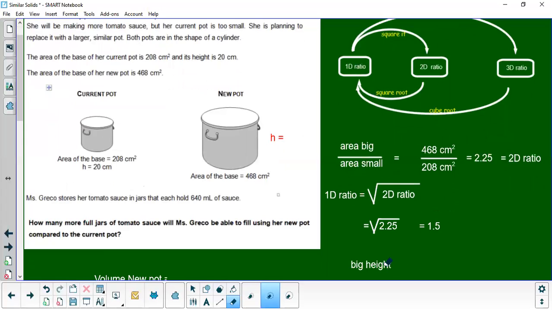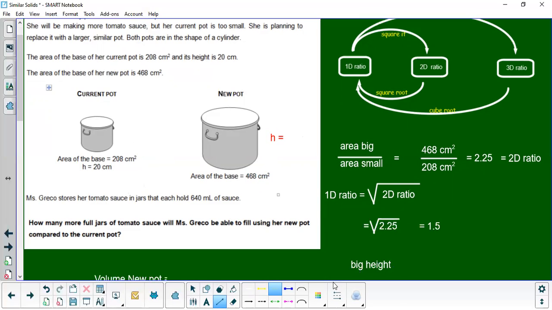Now, how am I going to find the big height? Since I know the 1D ratio, if I want to go from the small height to the big height, I have to use the 1D ratio because height is a one-dimensional measurement. If I wanted to go from small area to big area, I would multiply by 2.25.